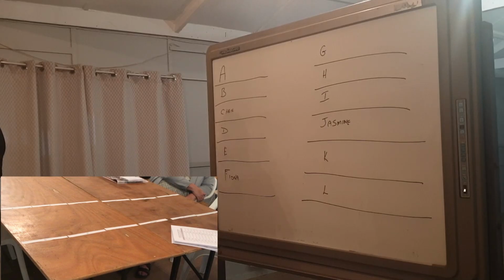I am missing one page already. It'll be somewhere in here. There it is, I found it. Put that down there for a second, that one down there, and that one up there.